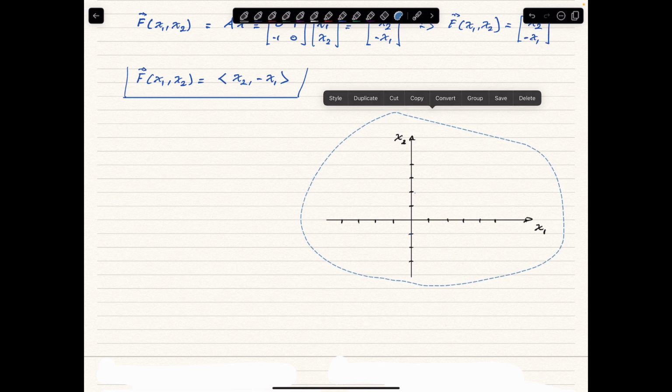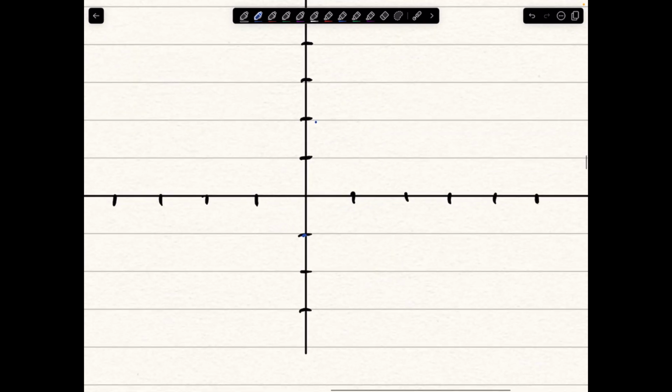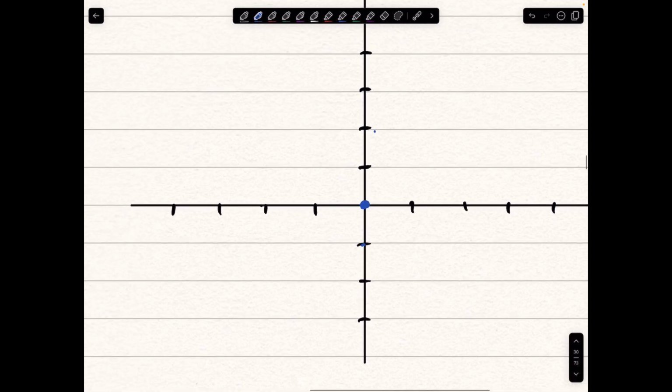Okay. So let's start giving some points. For example, what happens when we put the point 0, 0? Well, we get the vector 0, 0. So we represent that by saying here that we have just the zero vector in our vector field.